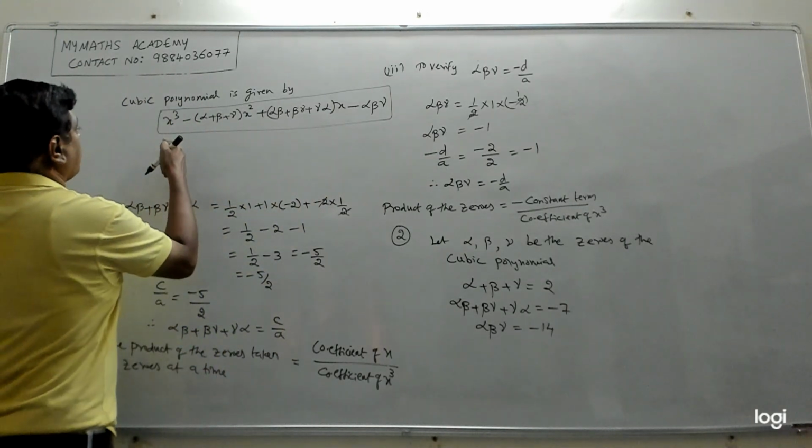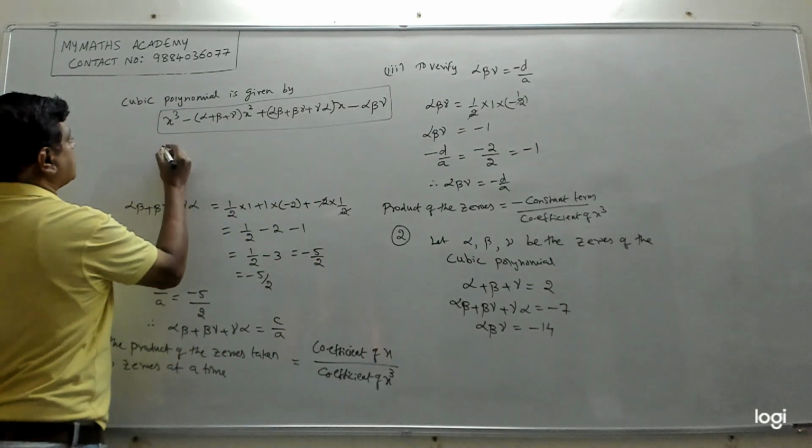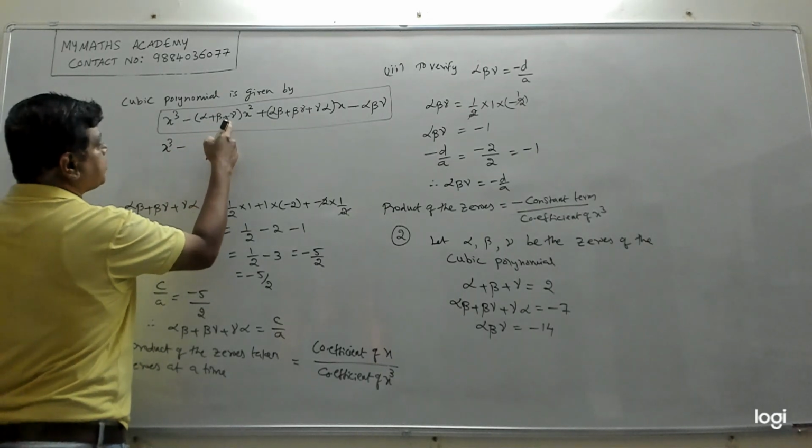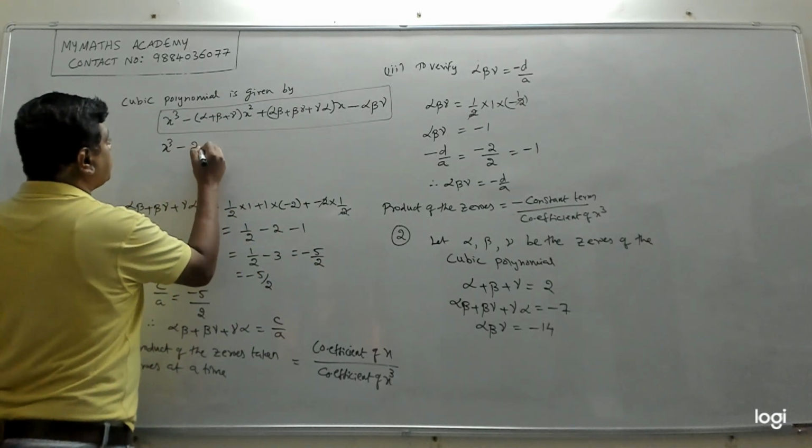So that is given. Now we need to substitute these values in this. So x cube minus alpha plus beta plus gamma is 2, so 2 into x square.